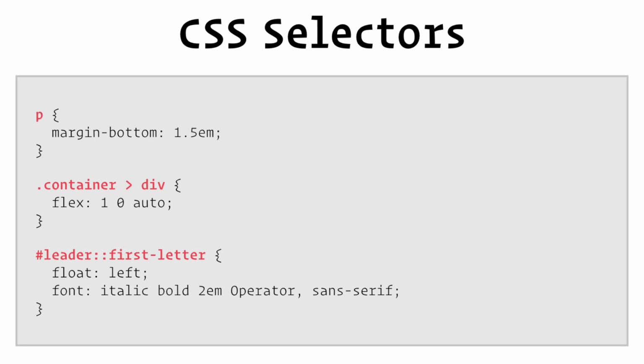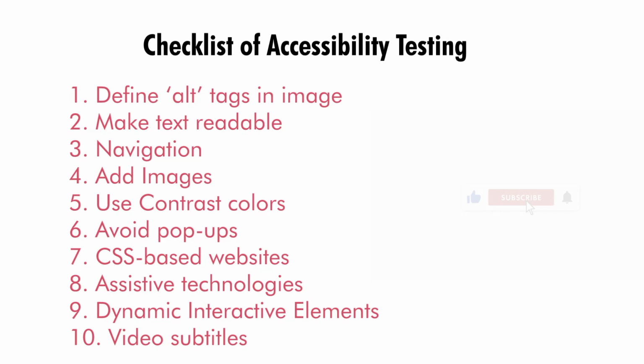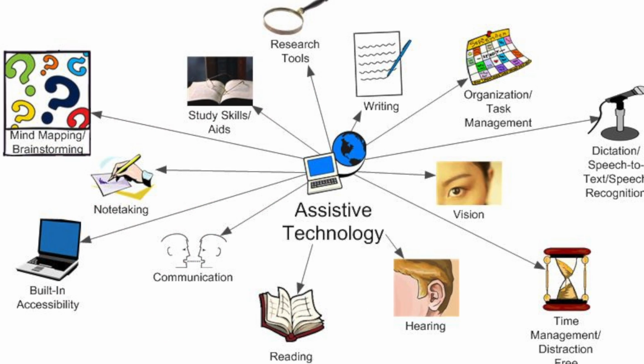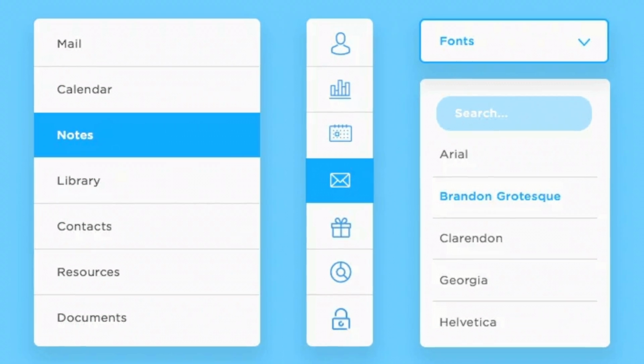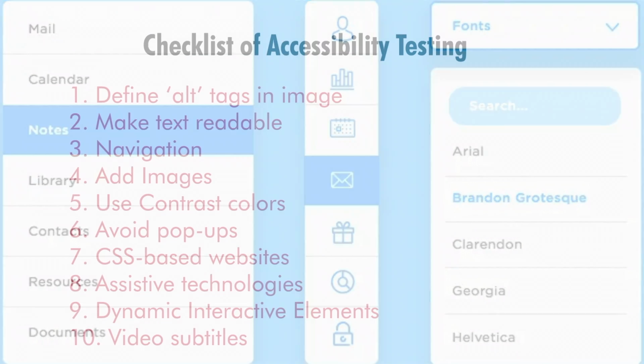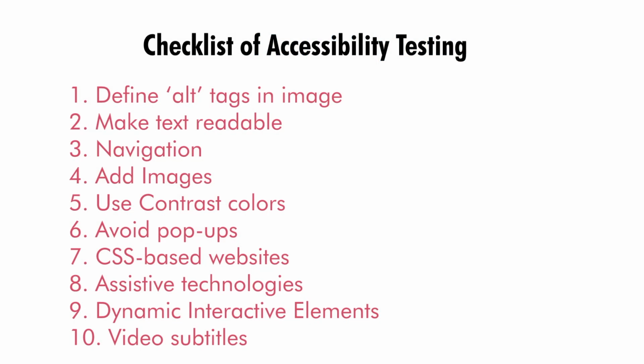CSS based websites. CSS coded websites are considered to be more accessible than HTML based websites. Assistive technologies. Websites should include assistive technologies for users with limited motor skills who are unable to use the keyboard or mouse. Dynamic interactive elements. Drop down menus and clickable images should be usable via keyboards, voice commands, and assistive technologies.